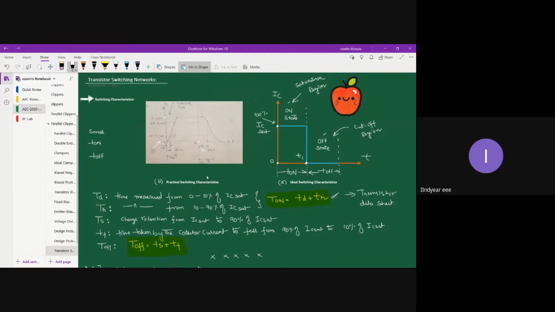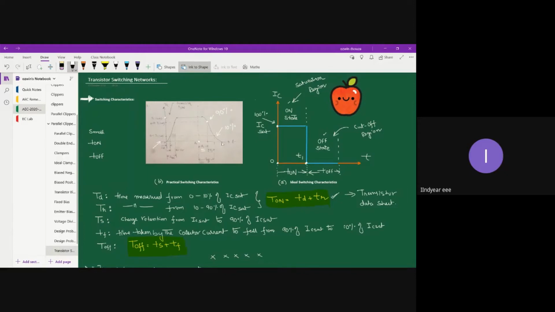However, the fall time is measured from the change in collector current from 90% to 10% of IC saturation value. So the fall time is defined as the time taken by the collector current to reduce from 90% of IC saturation value to 10% of IC saturation value. And then the collector current gradually reduces to 0.